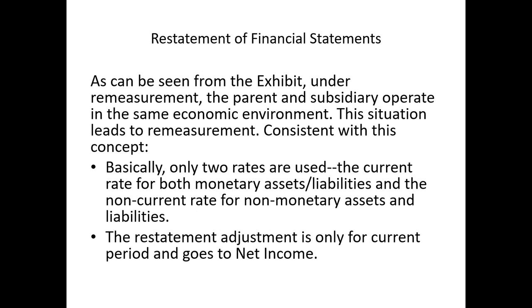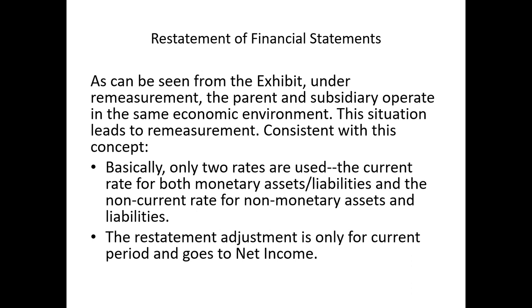And now the non-current rate is basically a historical rate which existed when the company purchased land, buildings, or whatever. And so that makes sense from an accounting perspective, because you're going to use a bunch of non-current rates since you purchased all these different non-monetary assets and liabilities at different points in time.